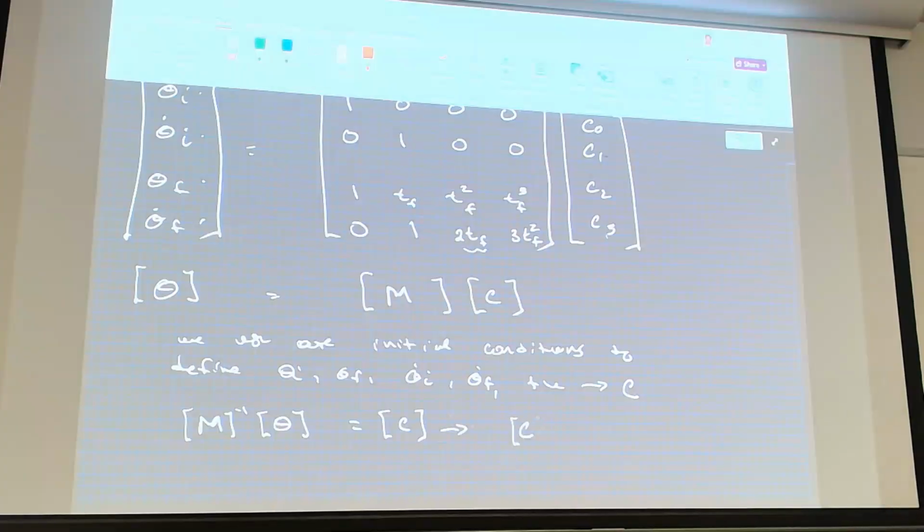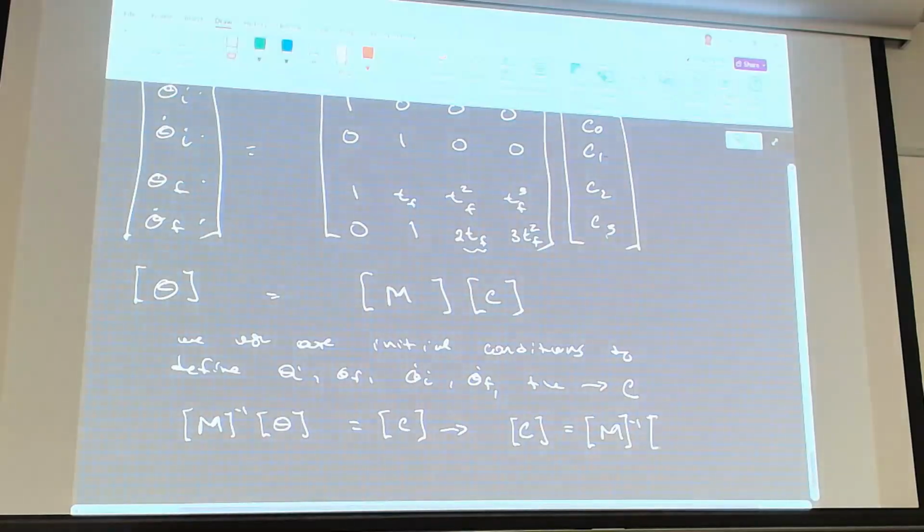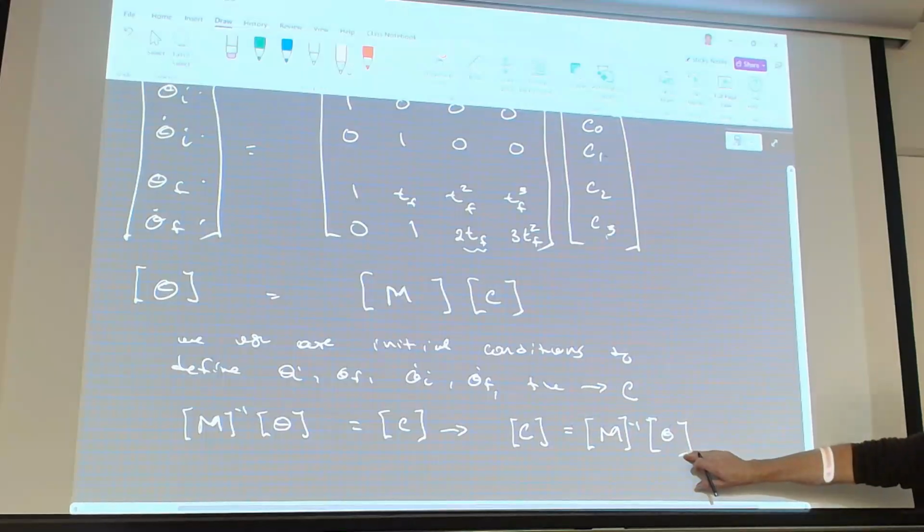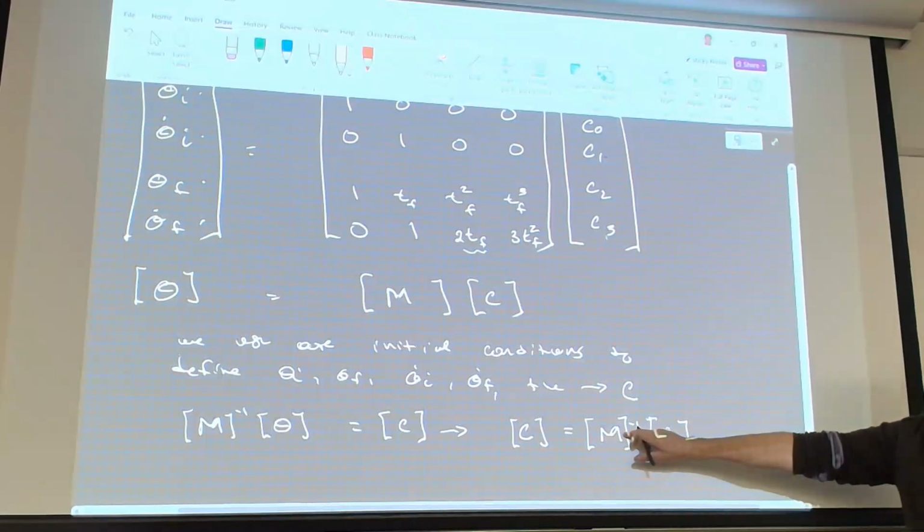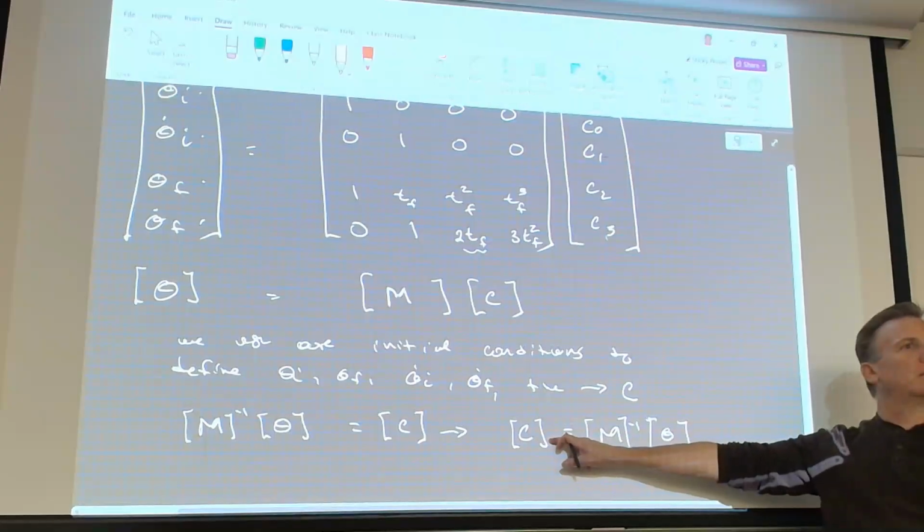So you have C, the coefficients, become M minus 1 times the givens, figured out, answer.